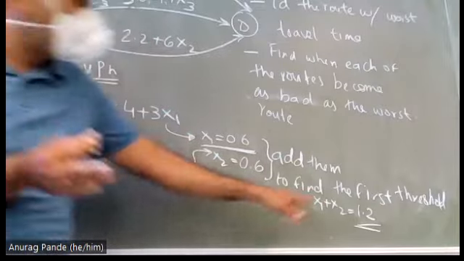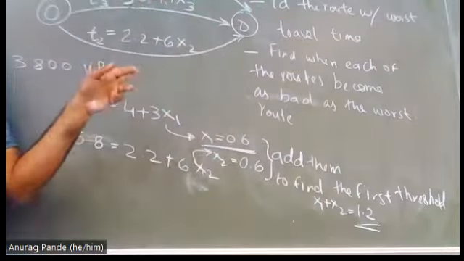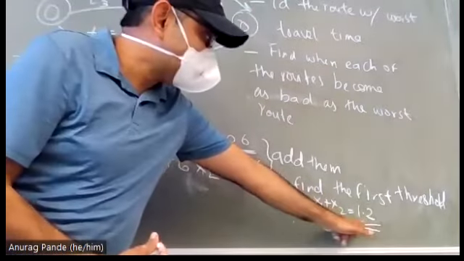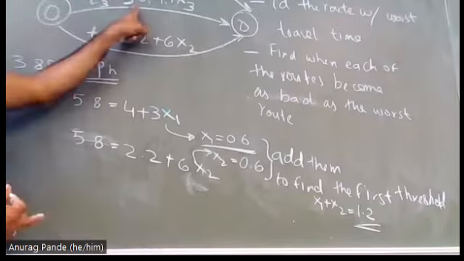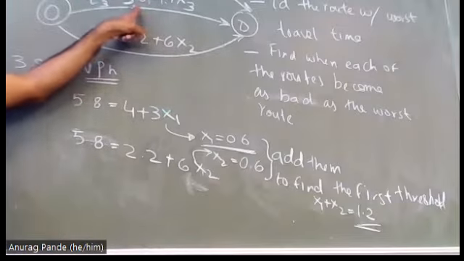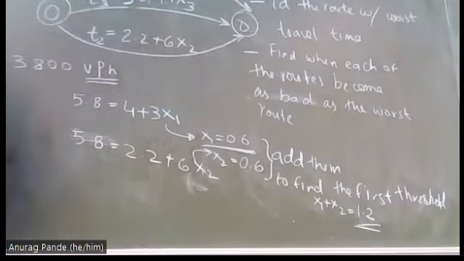But anytime my demand is less than 1.2, my traffic will only go to these 2 routes, because this route would not yet become competitive. Okay, so this is how you do it.